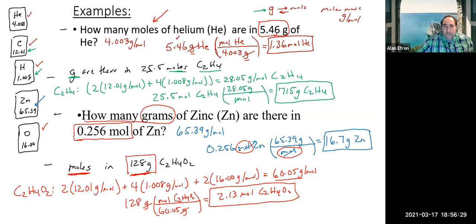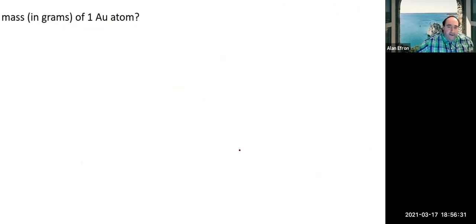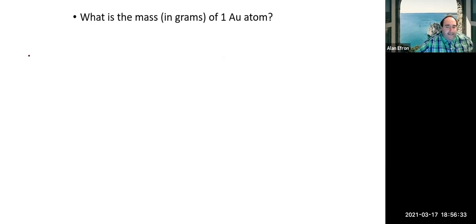So let's take a look at 2 last ones here. Why don't you figure out what is the mass in grams of 1 gold atom? And I'll give you gold here. 197, I believe it is. We'll go with that. 197.0.